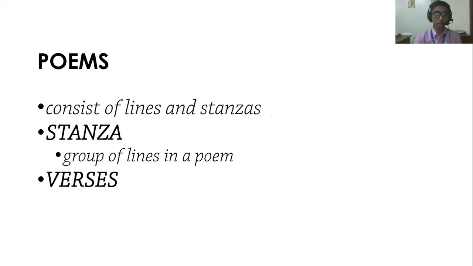Poems consist of lines and stanzas. During your high school years, or shall I say junior high school years, you already have an idea on the structure of poems. It consists of lines and stanzas.